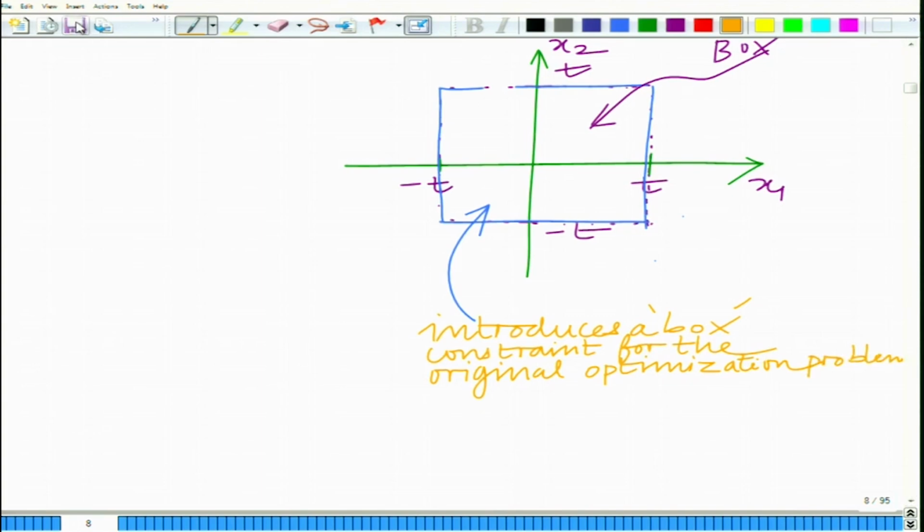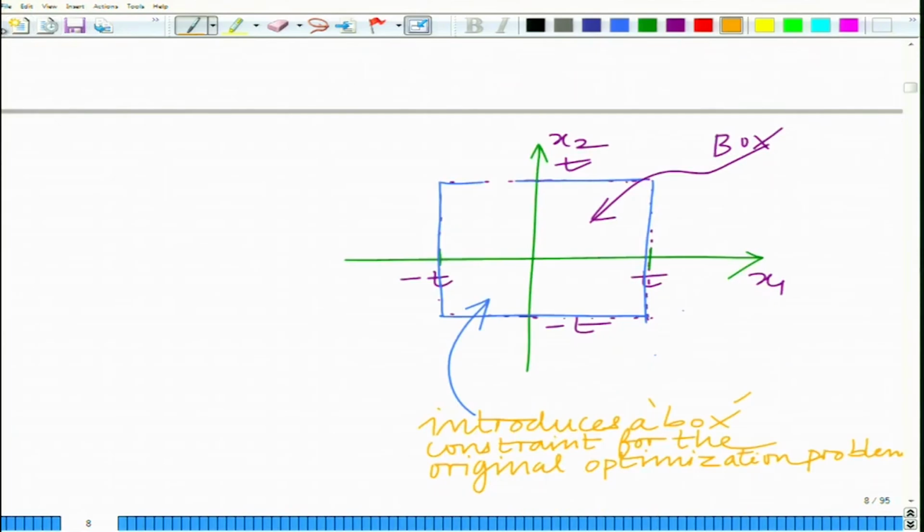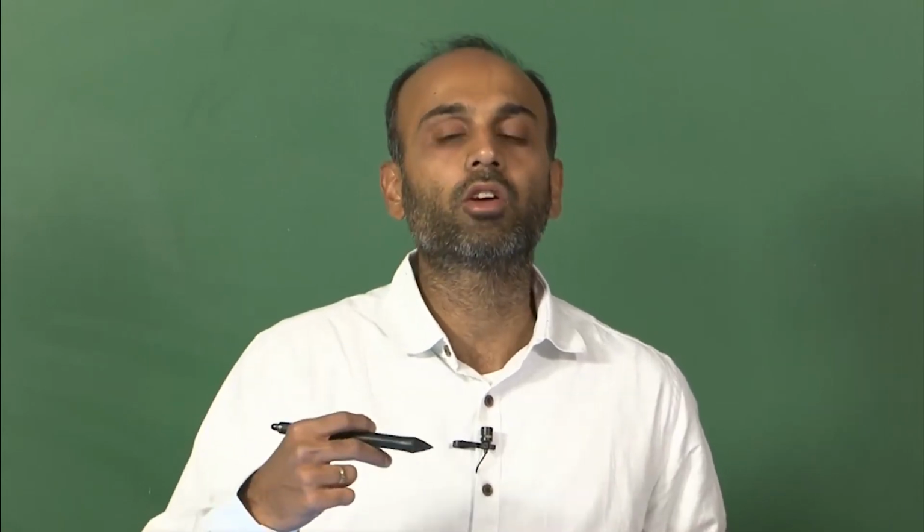So, it introduces a box constraint for the original optimization problem, and this gives you better intuition, or an interesting interpretation, for the original optimization problem, which is in fact an equivalent optimization problem, but is sort of opaque. It's not amenable to deriving insights.